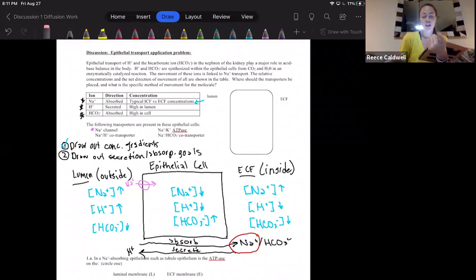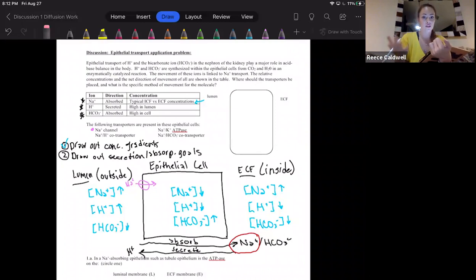The second type of transporter that I would recommend completing, just for simplicity and ease, would be any type of transporter that's dealing with primary active transport. If you don't know what that is, that just means any type of transporter that's going through ATP hydrolysis, pretty much any transporter that's going to be using ATP.